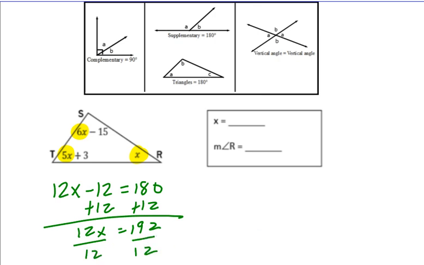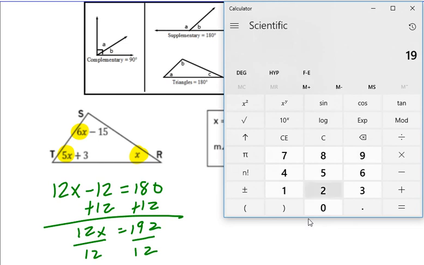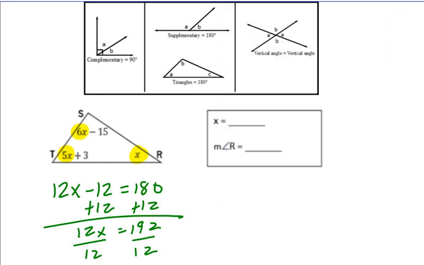And I believe 192 divided by 12 is 16. So x is 16, and the measure of angle R is 16.